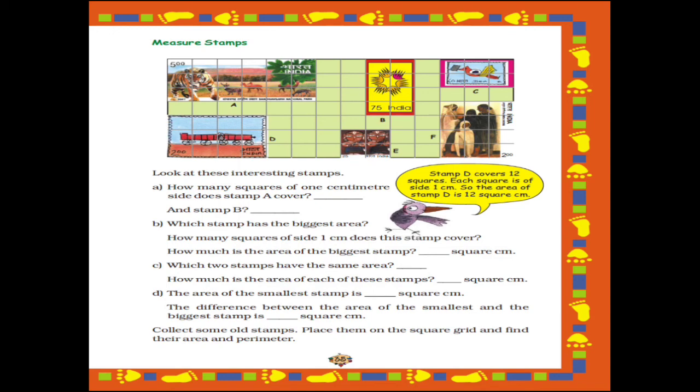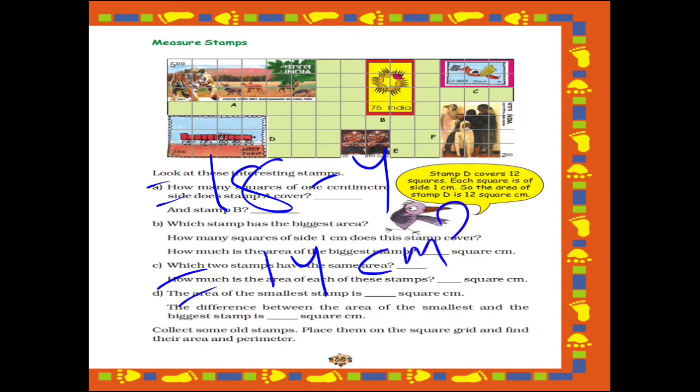Area of the biggest stamp is 18 square centimeter and area of the smallest stamp is equal to 4 square centimeter. Then the difference is equal to 18 minus 4. 18 minus 4 will be 14. Make sure that you write the unit as well. So 14 square centimeter is the difference between the smallest and the biggest stamp.